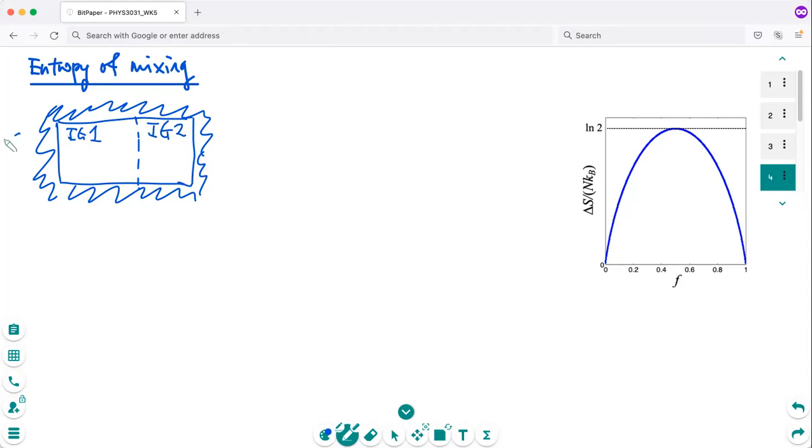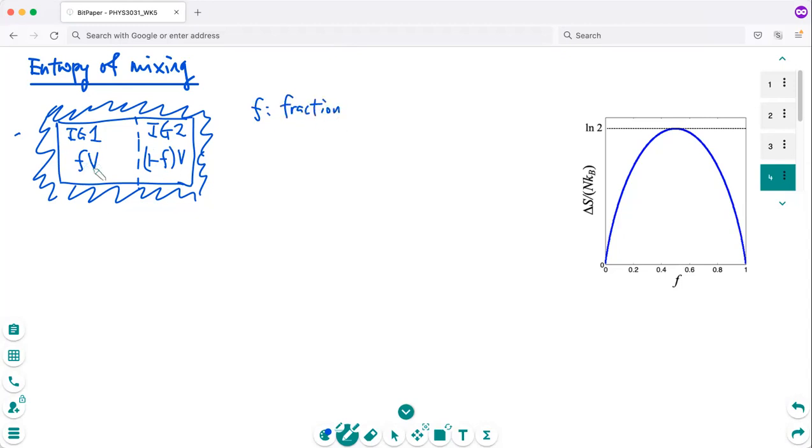And the other complication, which is again a very standard formulation in thermodynamics, is we set this volume to be F times V, and this volume is (1 minus F) times V. So when I write it this way, F takes the meaning of a fraction.